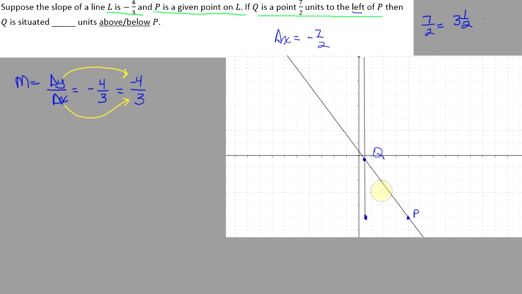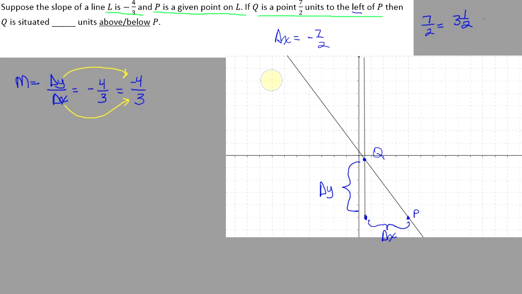Now, at this point, we can solve half of the problem already. Oh, and by the way, I wanted to point out that this distance right here corresponds to delta x. It's 7½ units to the left. So then this change right here corresponds to our delta y, that distance right there.